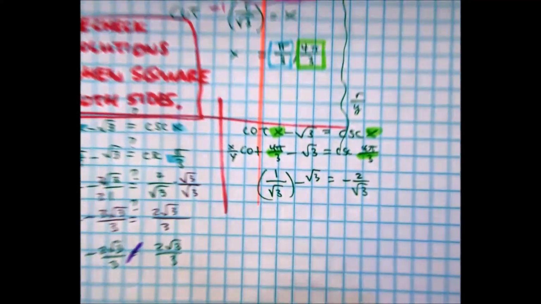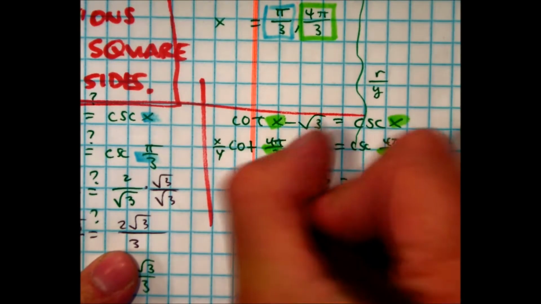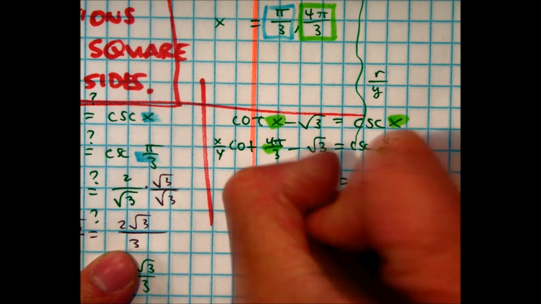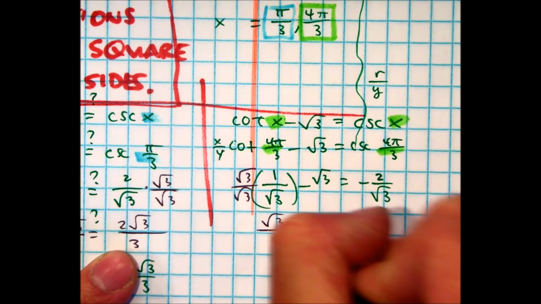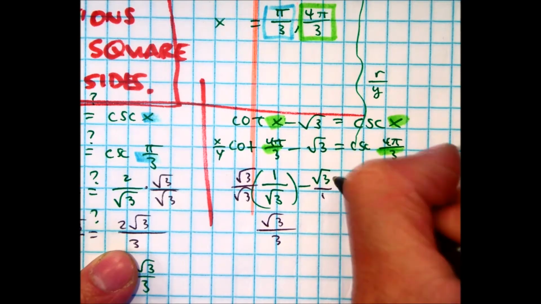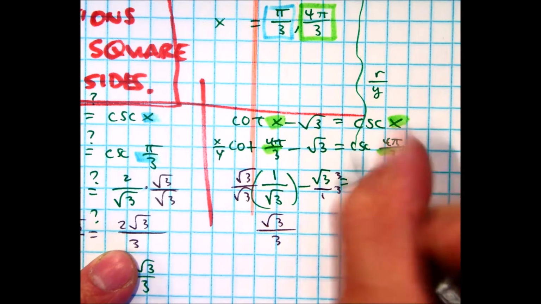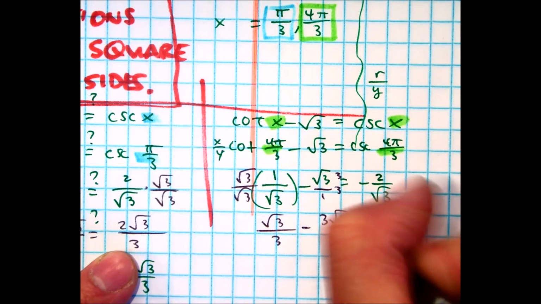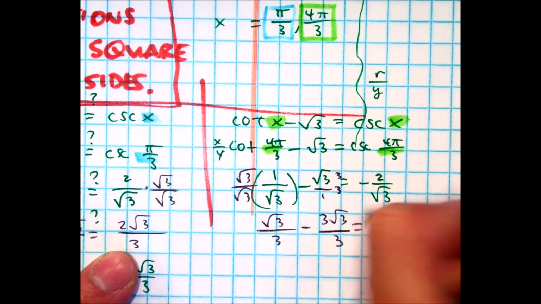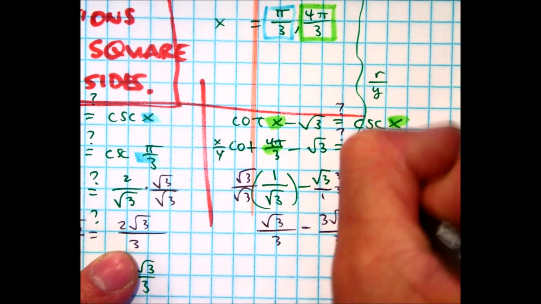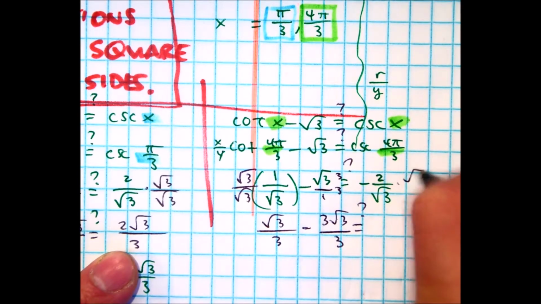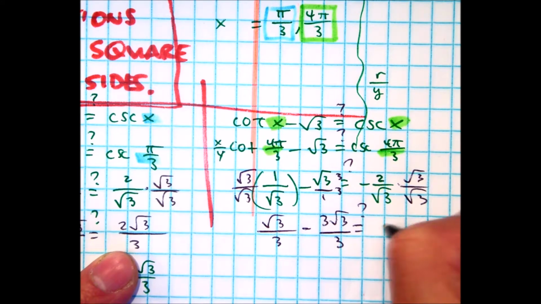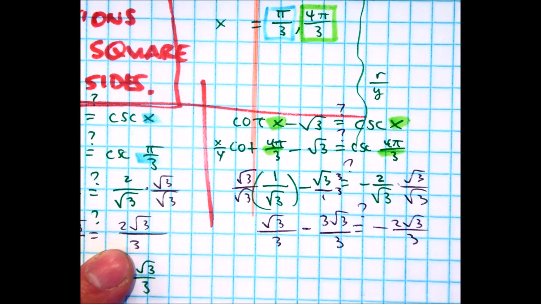And then I just need to simplify. Here I'll rationalize. Here I'm going to multiply by 3. Remember, the 3 that I'm multiplying does not go inside the radical, so that would be a minus 3 radical 3 over 3. And we are testing if this is equal to negative 2 radical 3 over 3.